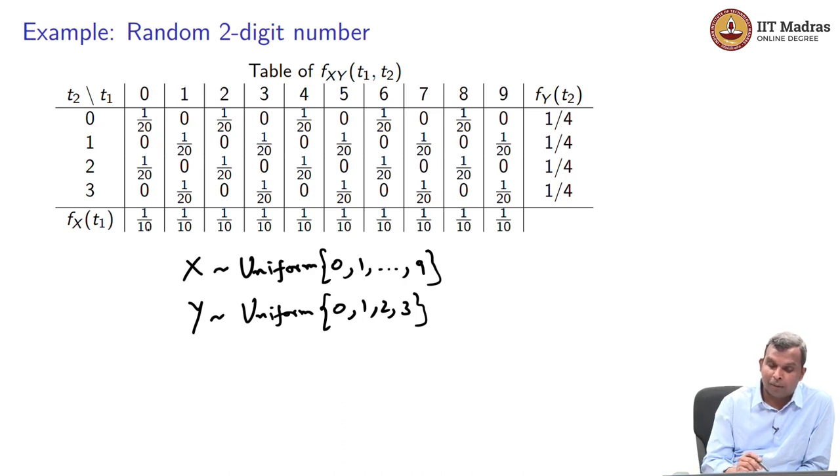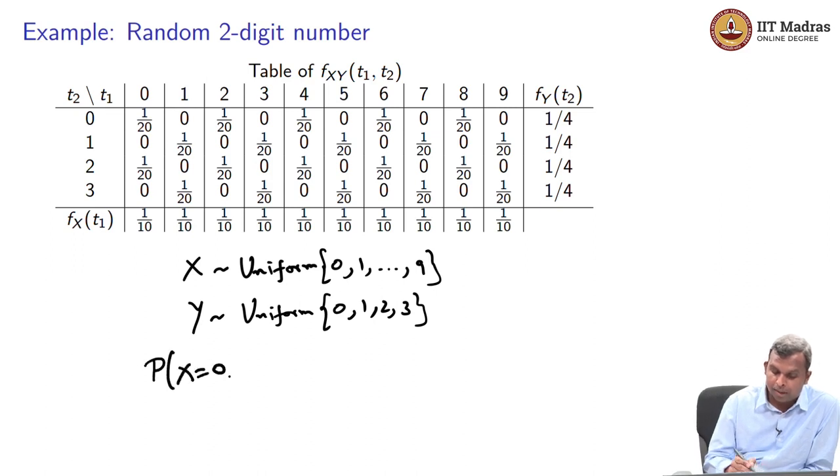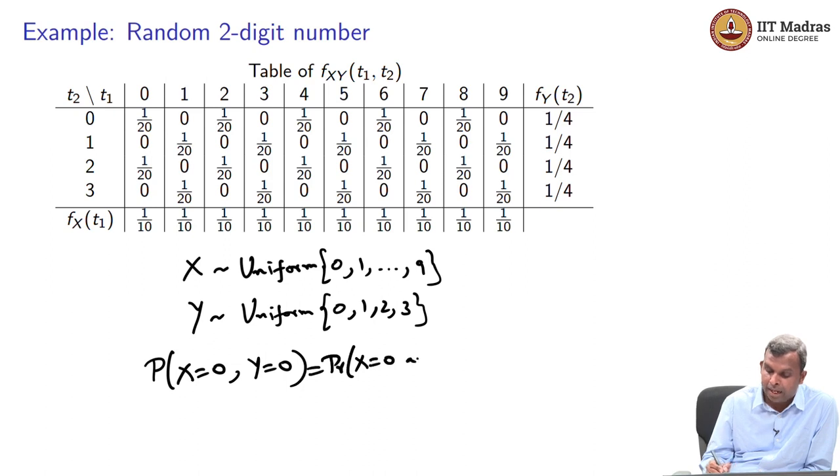Notice what's happening here. So if you look at the probability that x equals 0, comma y equals 0, I want you to think about this. This is basically the probability that x is equal to 0 and y is equal to 0. Okay, and this will work out to 1 by 20, right?